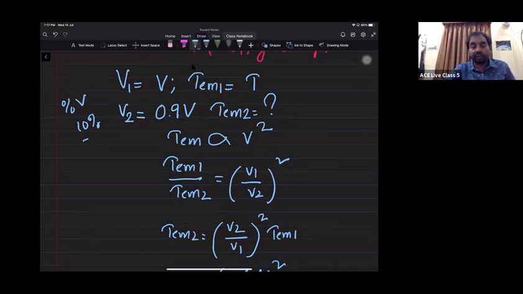Confirm me, all of you. Right. So we are trying to see some observations just before we give the break. If the input to a three-phase induction motor is reduced by 10%, the motor torque reduces approximately by 20%.